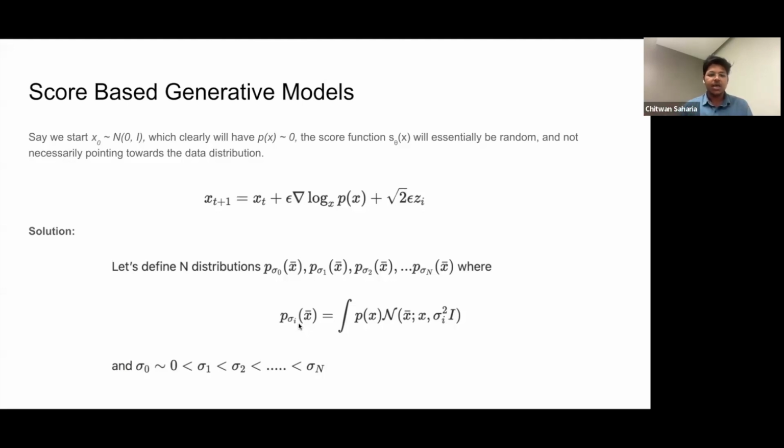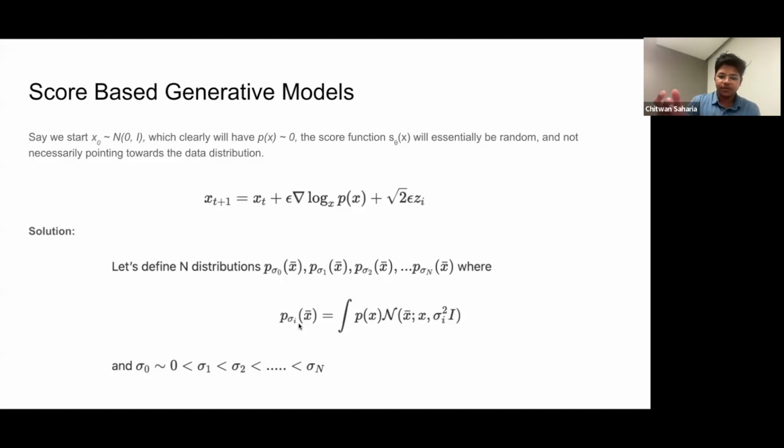That's basically how we can slowly expand our original data distribution into these peripheries of the distribution. The way we define it is that our initial sigma 0 is the smallest sigma, essentially very close to 0. This means that P sigma 0 of x is essentially the same as P of x, and we keep increasing sigma as we go. Sigma n would be the largest sigma, so high that it is essentially a Gaussian distribution at that point, with no connection to the data distribution it came from.